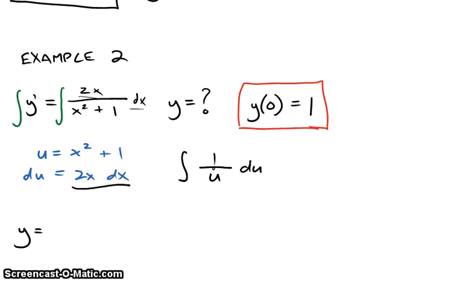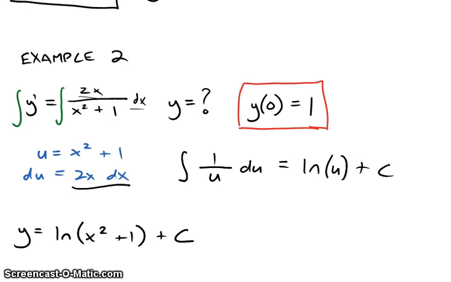I'm going to put a 1 right there. Now, the antiderivative of 1 over u is ln u plus c. So, after I integrate both sides of the equation, I get y equals ln of u, where u is x squared plus 1, plus c.